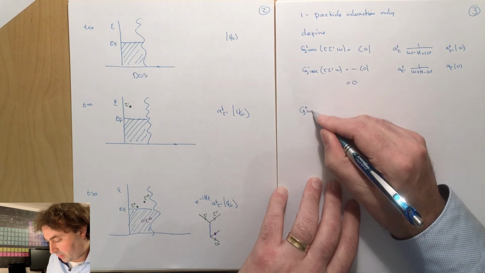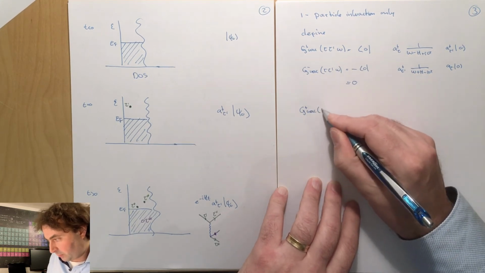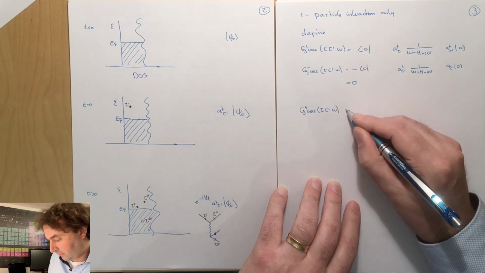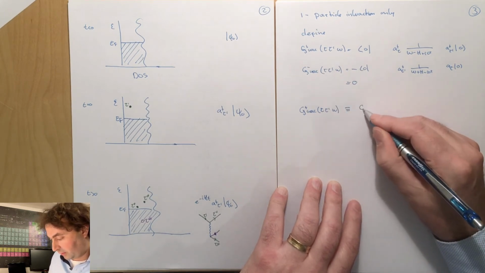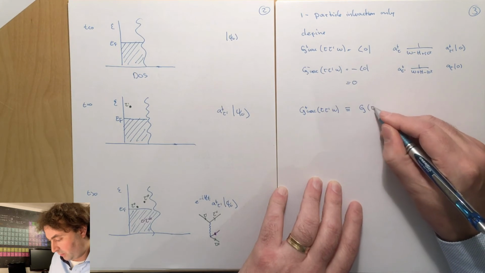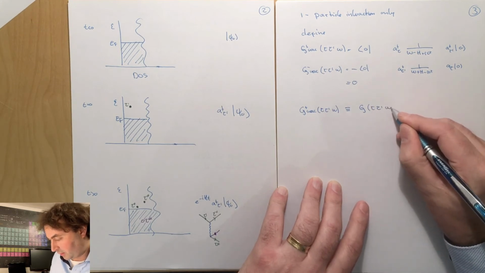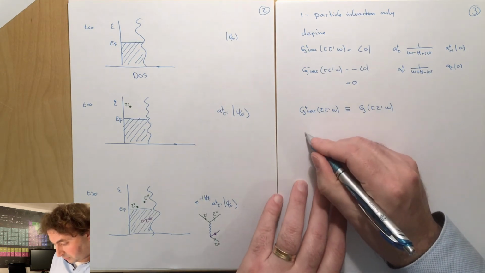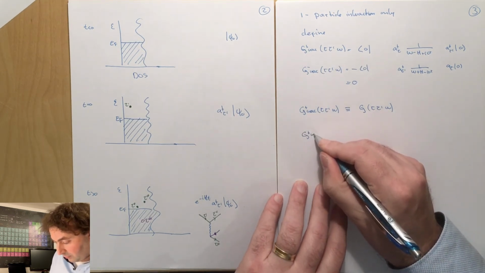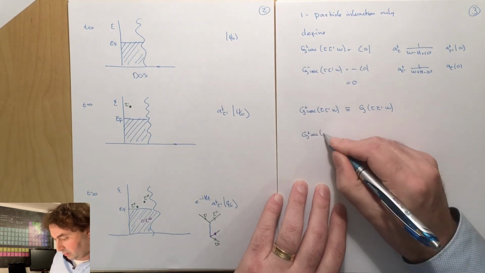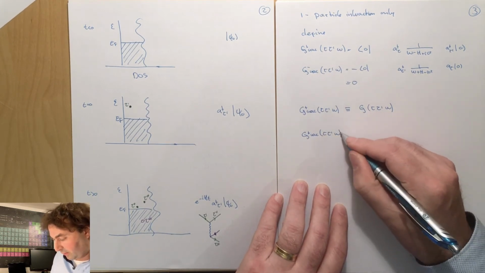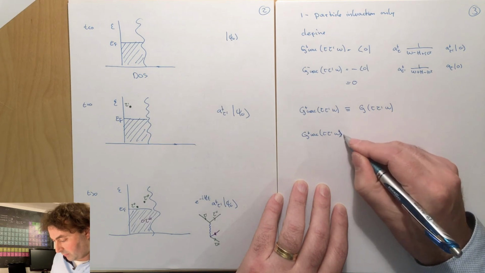So G plus of the vacuum, tau prime, of omega, is what we will define to be the Green's function of our system, without a plus or a minus. And I can show you also why, because from this we can calculate both the retarded and the advanced Green's function.